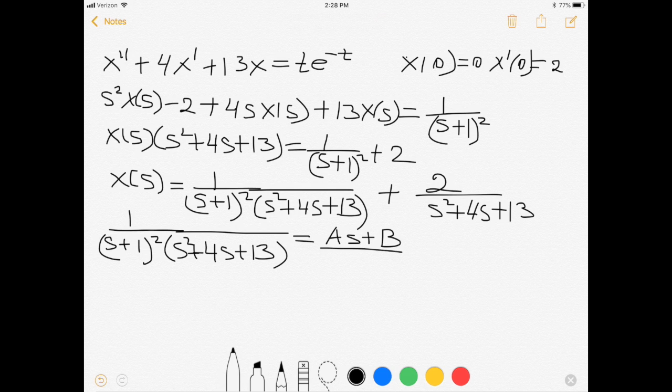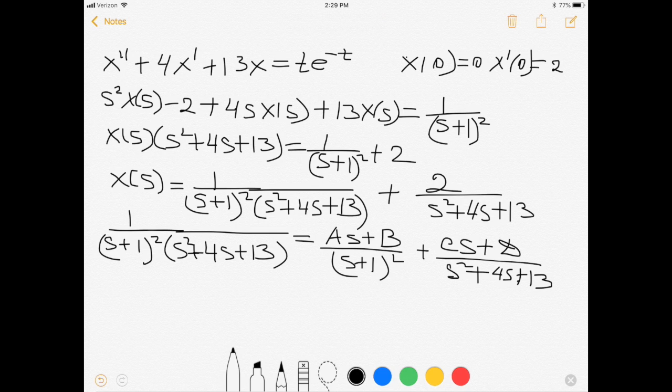One has denominator (s plus 1) squared, and the second fraction has numerator cs plus d, with denominator s squared plus 4s plus 13. Because we did it many times before, make the same denominator, then write coefficients for all the same powers of s, and you have a system with 4 equations with 4 variables.